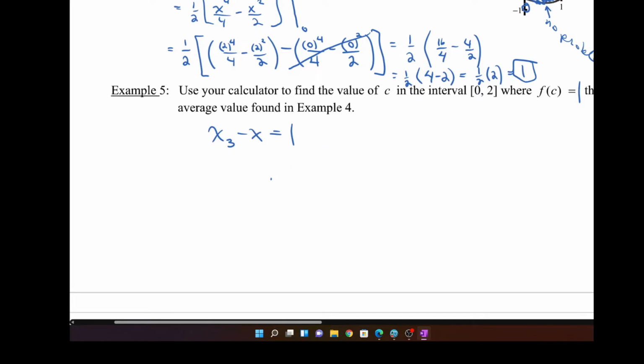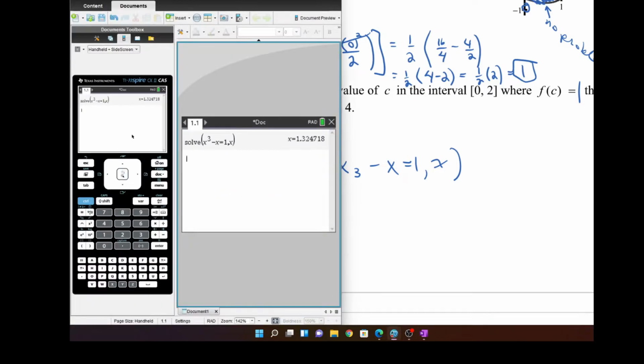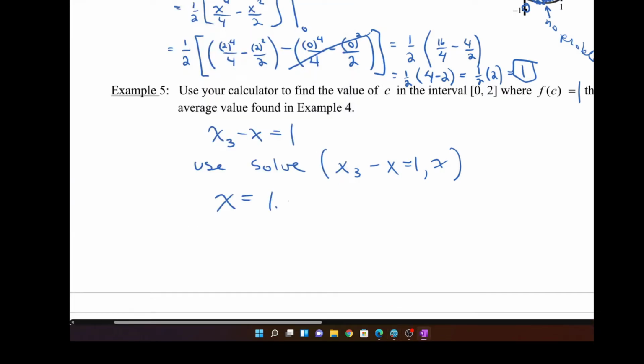Do this, right? Solve. Okay, so use solve. X cubed minus x equals 1, comma x, and then you get that x equals 1 point, what was it again, 324? Yeah, and I'm cutting it off right there. I'm not gonna round. 1.324. No reason to round.